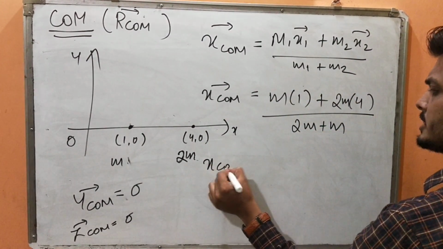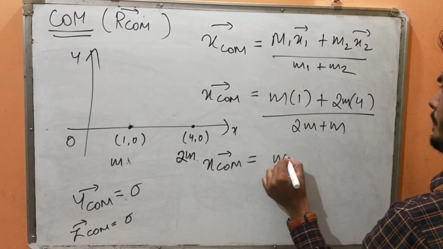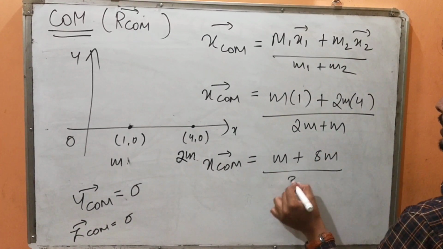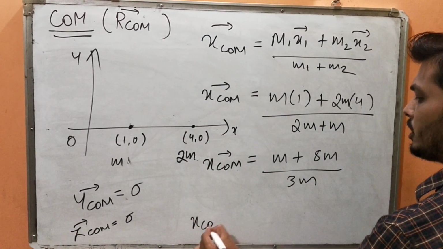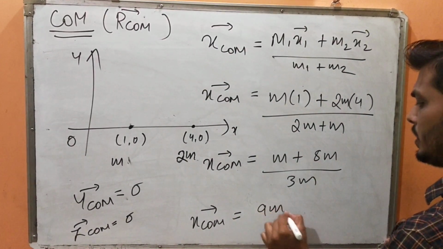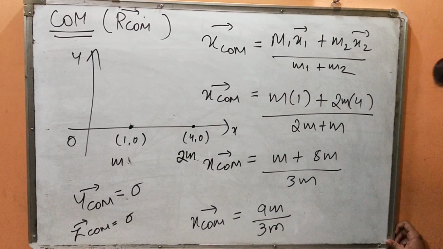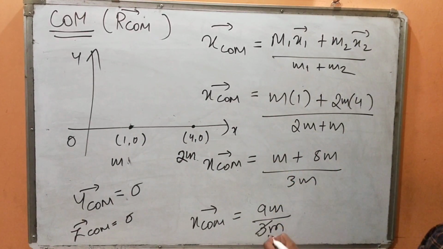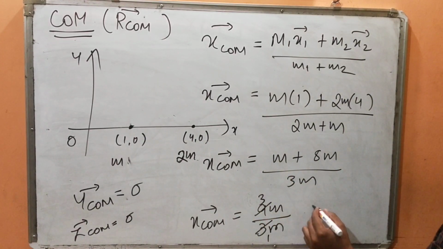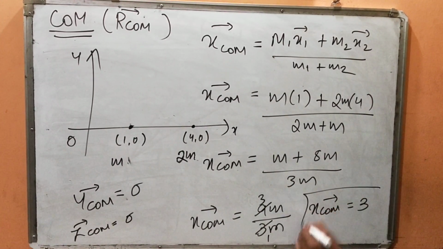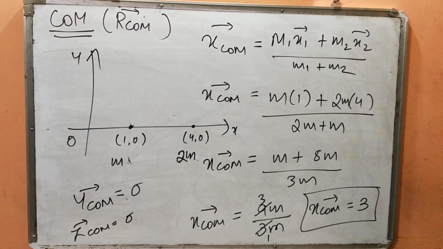So x center of mass will be (m plus 4 twos are 8m) divided by (2m plus m, which is 3m). So 8m plus m will be 9m, divided by 3m. 9m divided by 3m, 3 threes are 9. So x center of mass will be 3 units.